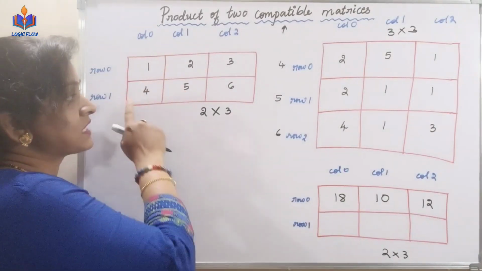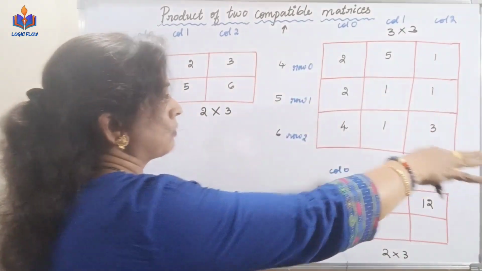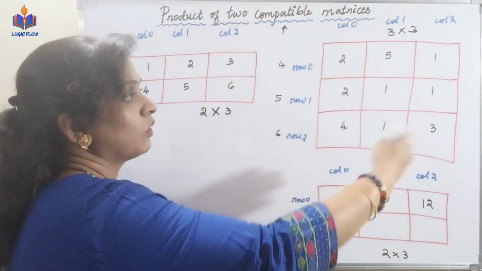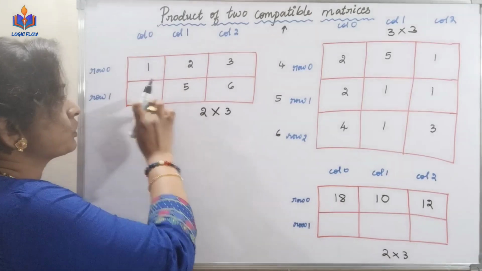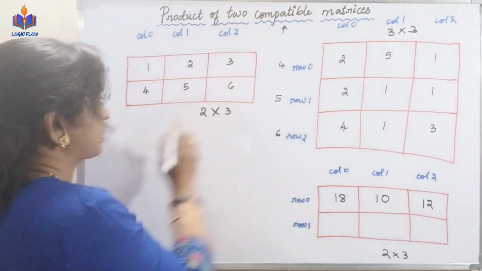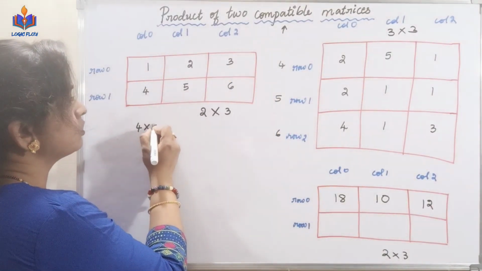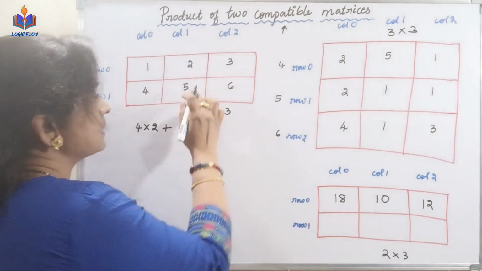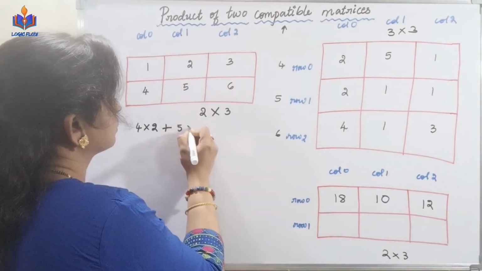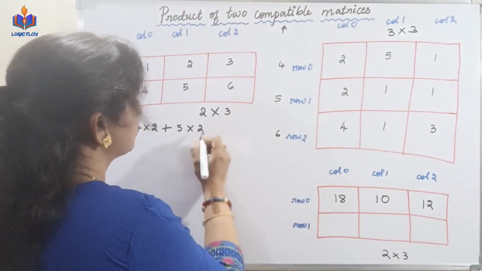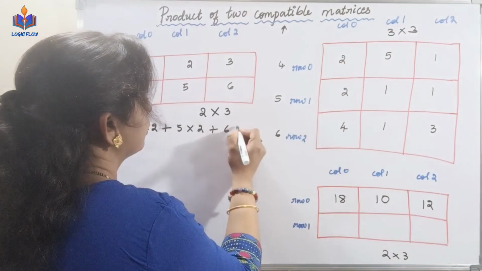I have to go with the second row. First row, all 3 columns done. Second row, all 3 columns I need to compute. So it is 4, 5, 6. So I need to write 4 into 2 plus 5 into 2 plus 6 into 4.